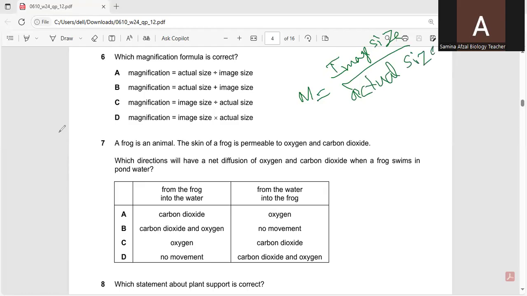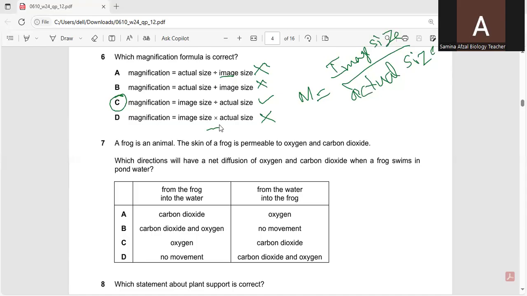So according to this, actual size divided by image size is not the correct option. Actual size plus image size is not correct. Image size plus actual size is not correct. Image size multiplied by actual size is not correct. Only C is the correct option, which matches this formula.